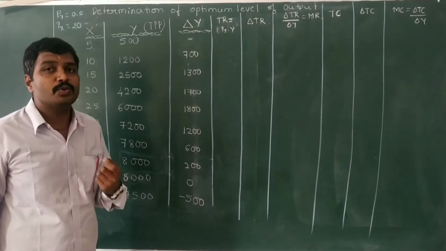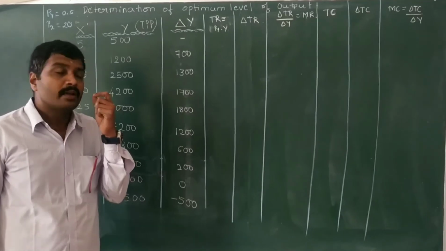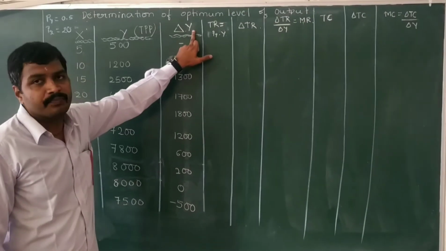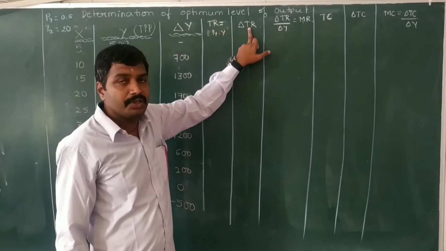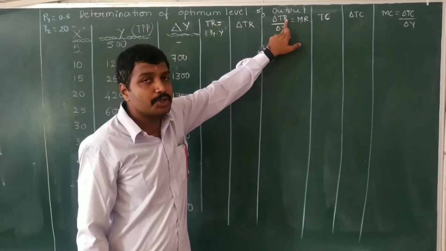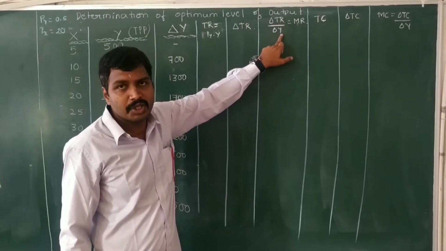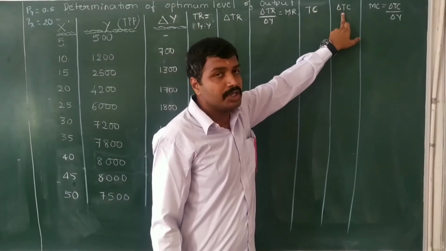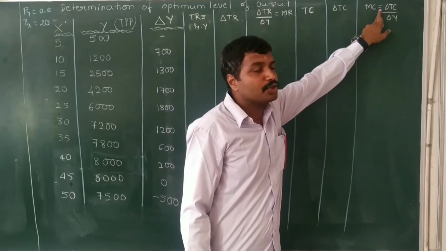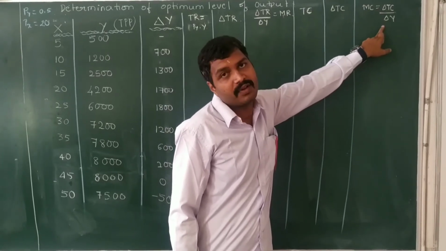Okay, that means you need to generate few columns, that is delta y, TR, change in TR, ratio of change in TR to the change in Y, TC, change in TC, ratio of change in TC to change in Y.